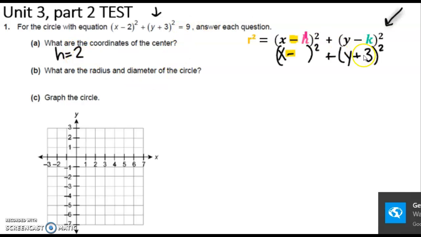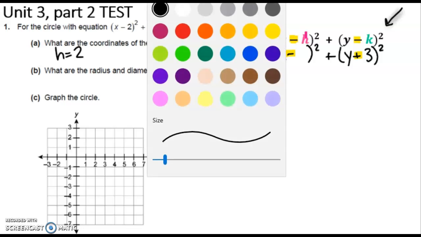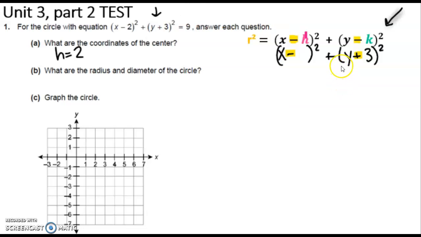Now, I do have kind of a little problem though with the k, because with the k over there, you've got a minus. We want it to be a minus, but in the equation that they gave us, it's a plus. Okay, so the minus and the plus don't match up. So the reason why that minus turned into a plus was because when I put that minus there, whatever k is has to turn the minus into a plus.